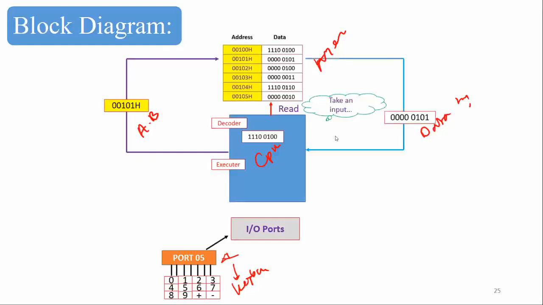Then the CPU gets the data from the second address. Then it gets that I need to take input from port 5. So the CPU has decided that it needs to read something from the input output ports, and the port is specified, that is port number 05. Is it okay?